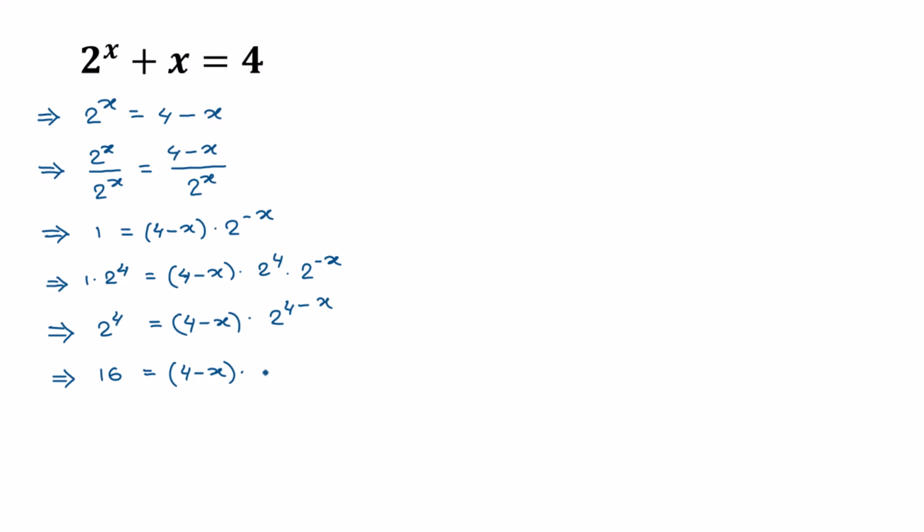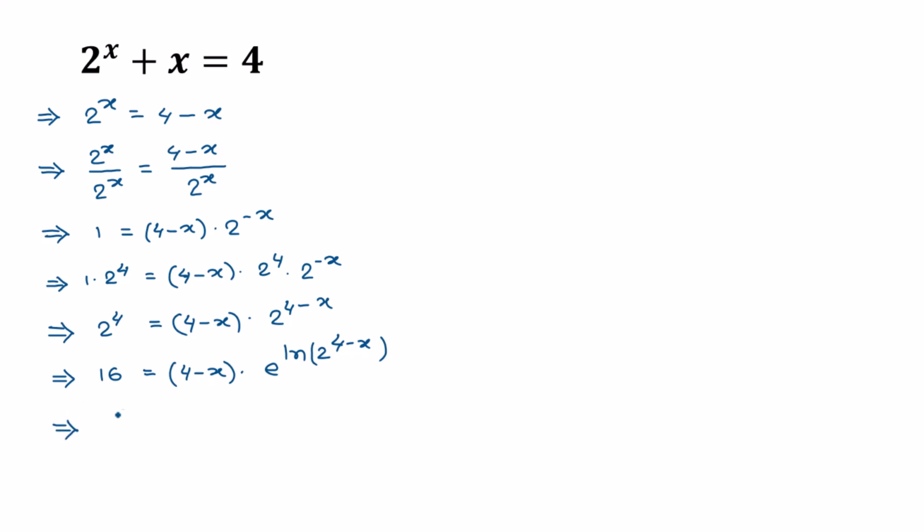We can write it as e to the power ln of 2 to the power 4 minus x. This is because of e to the power ln of x is equal to x.